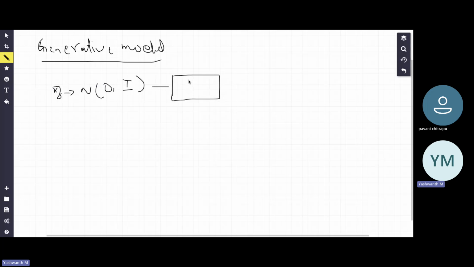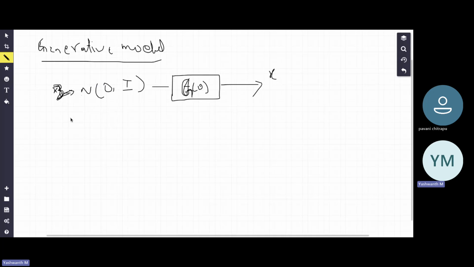This is a model we are supposed to learn. Call it f of theta, or let's call it G, the generator, and this should output image X. This is the entire problem of generative modeling.